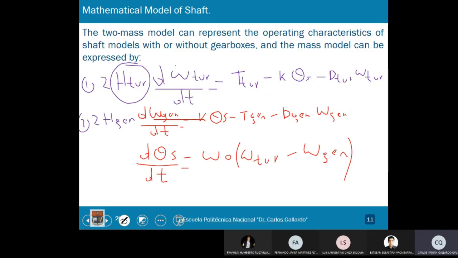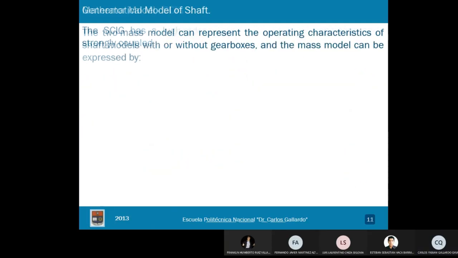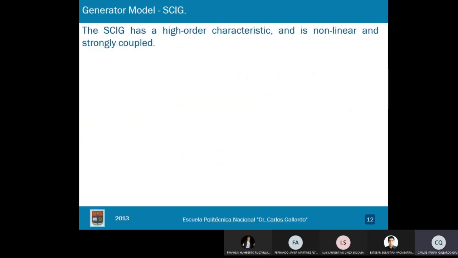This is the 2 mass model for the wind turbine.